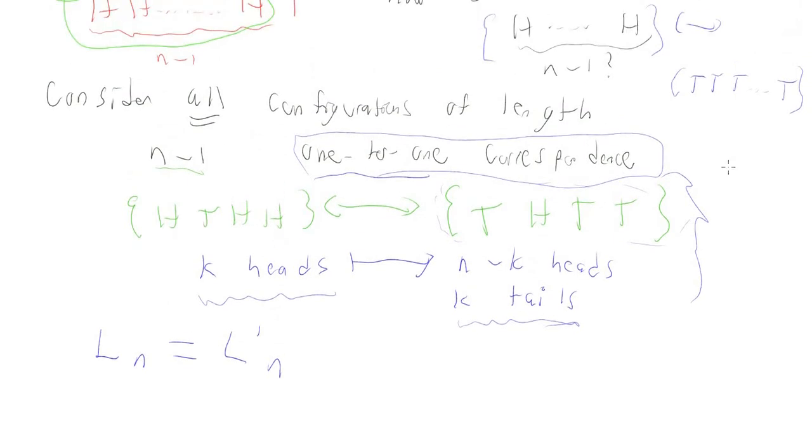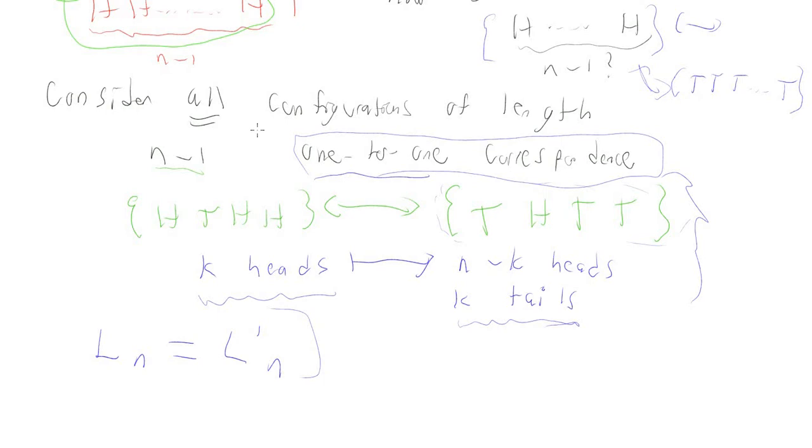It means that on average, how long it takes to get to all heads is the same amount of time as it takes to get to all tails, if we make this transformation and play this equivalent game over here with tails instead of heads.